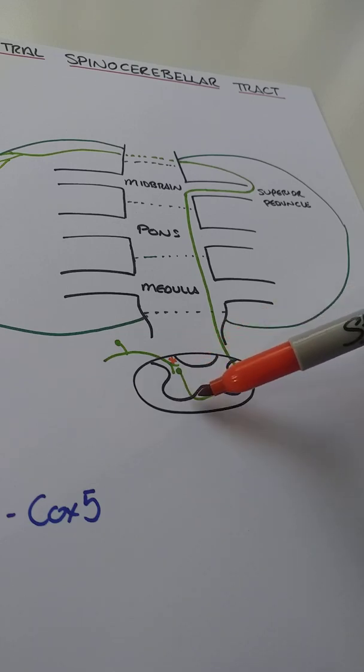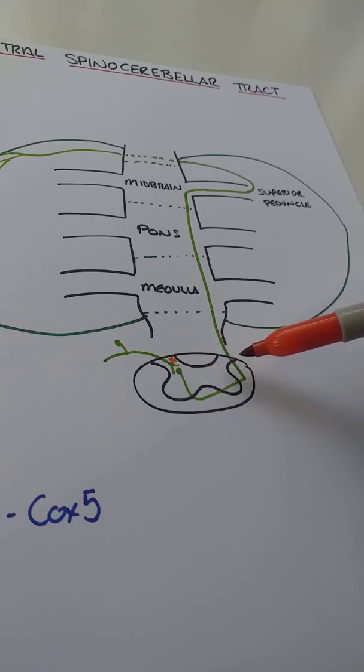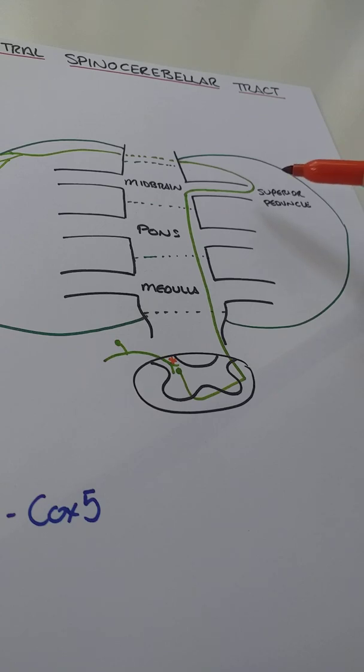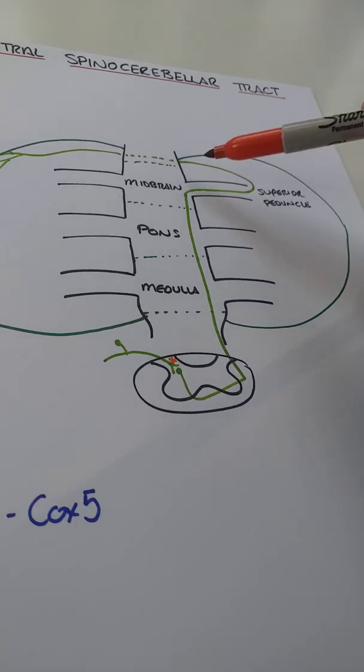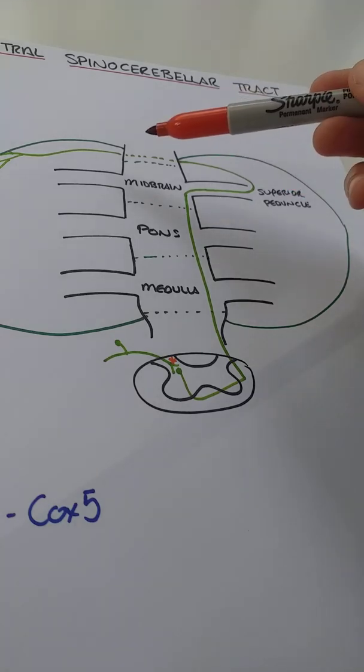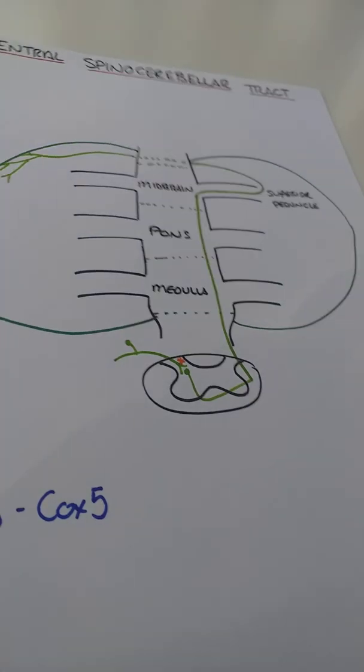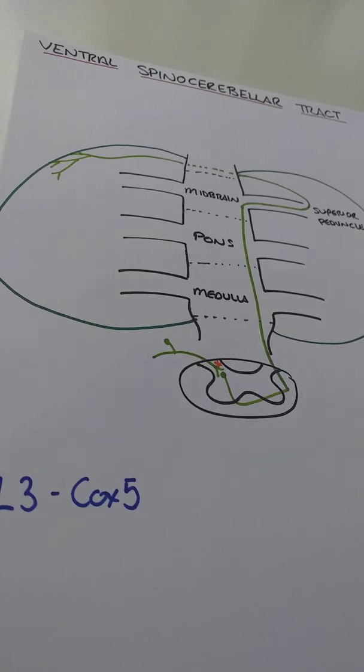Yeah, ventral. Ventral is front, isn't it? Then lateral. Then it ascends to the superior peduncle. It leaves the superior cerebellar peduncle and then crosses over around the back of the cerebellum, and then heads over to the other side. The little cheeky monkey.